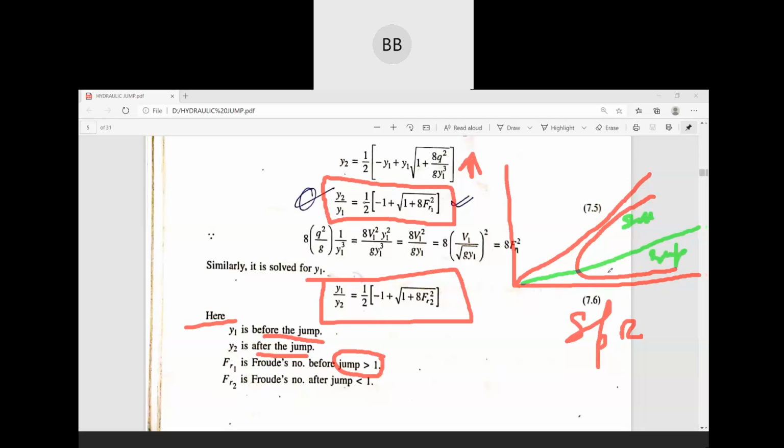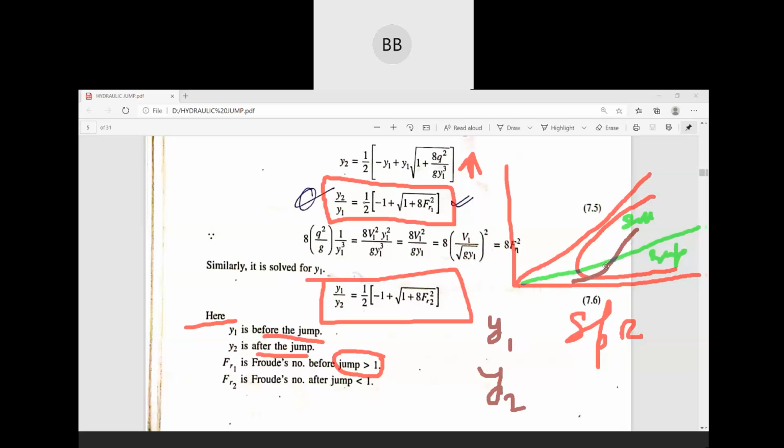In a hydraulic jump, when the flow jumps from supercritical to subcritical, only then can we say it's a hydraulic jump. So your first depth of flow, before the jump, is in supercritical. So y1 is in supercritical and y2 is in subcritical.